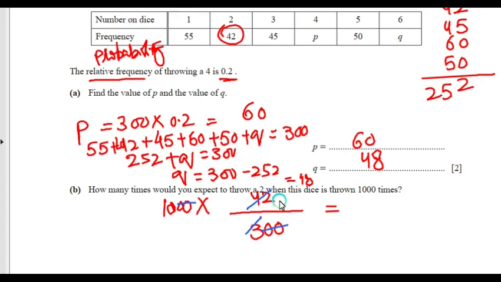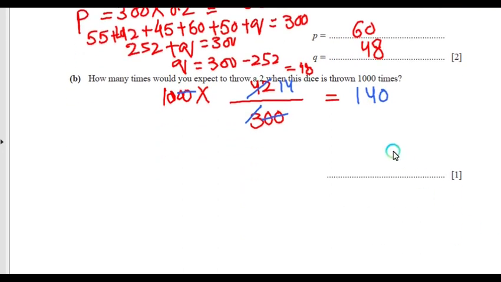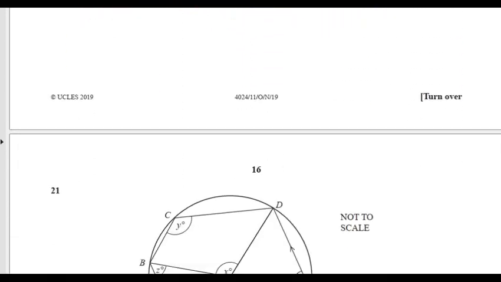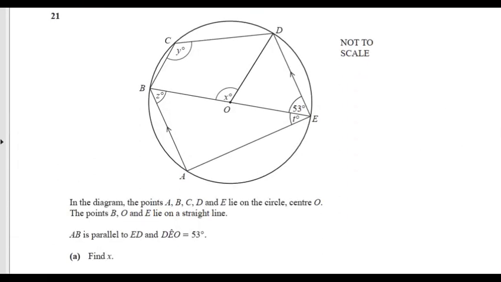Okay, next part. How many times would you expect to throw a 2 when this dice is thrown 1000 times? So, 1000 times, I am multiplying it by the rate.